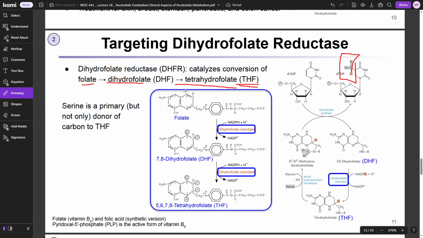So you can see here, we initially have only one H, then we have two H's, and then 4 H's. So this is tetrahydrofolate. And that tetrahydrofolate actually allows us to donate a methyl group onto our UMP. So that's why that's important. And if you break this enzyme, you actually can't do that anymore.